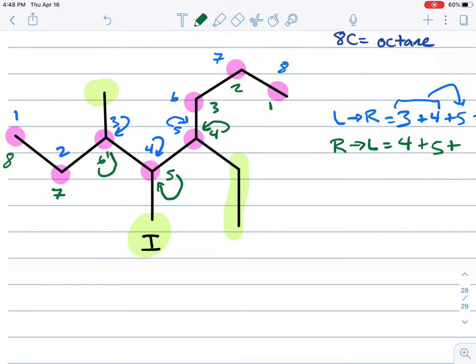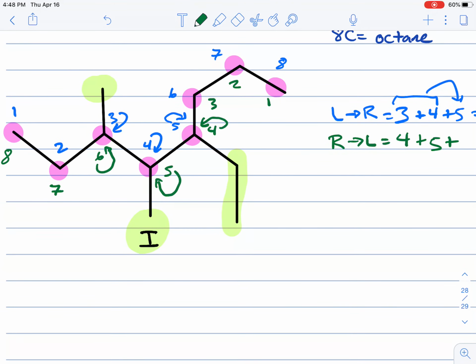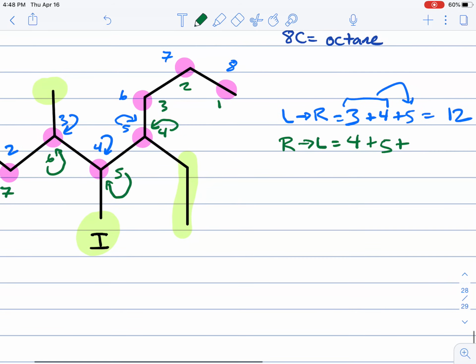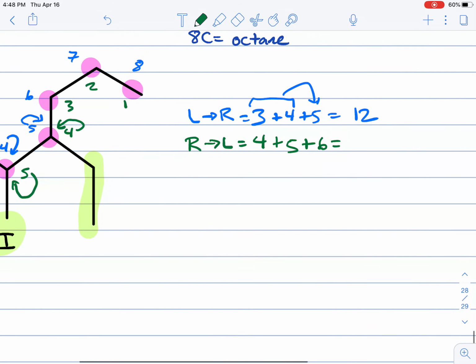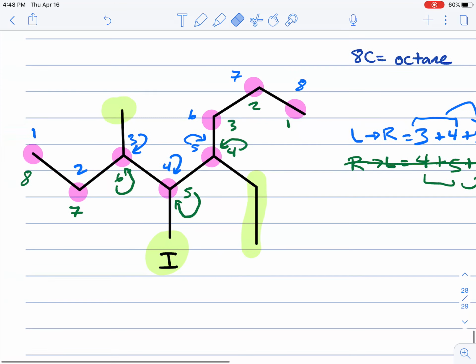And last but not least, here we have a substituent on the sixth carbon if we choose to number our parent chain from right to left. And so we get a total of 9 plus 6, that's 15. So once again, it looks like the green lost. It produces a higher value than if we number our carbons from left to right. So I'm going to go ahead and erase all of this.